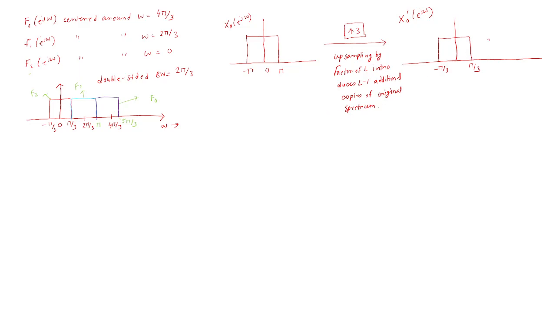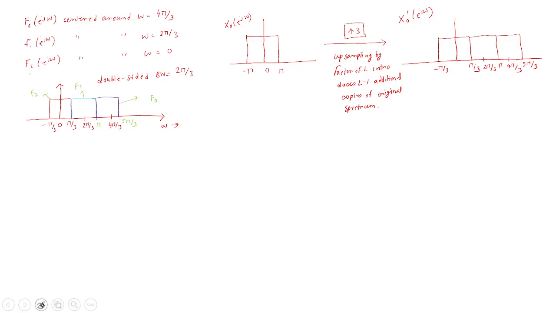So what do we get? Here it is upsampling by a factor of 3, so we get 2 more copies centered respectively at 2 pi by 3 and 4 pi by 3. This is the spectrum of x naught dash.